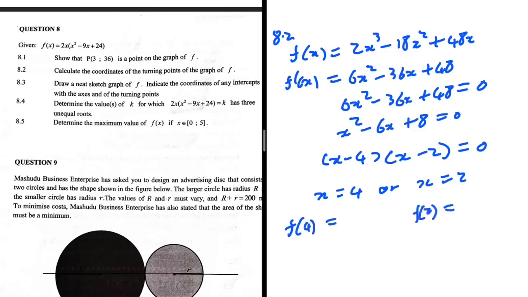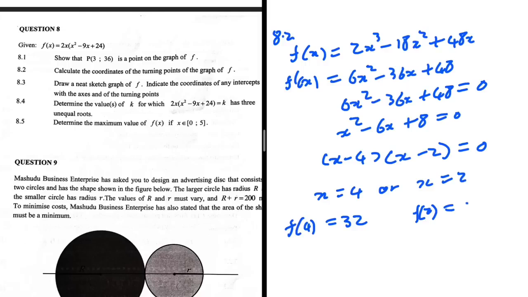So f of 4 is 2 times 4 to the power 3 minus 18 times 4 squared plus 48 times 4. Here I'm getting 32. And then what about f of 2? We substitute in 2 throughout. So let me just replace 4 with 2 and see what we end up with.